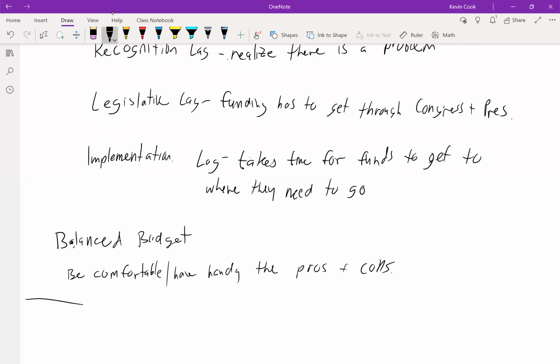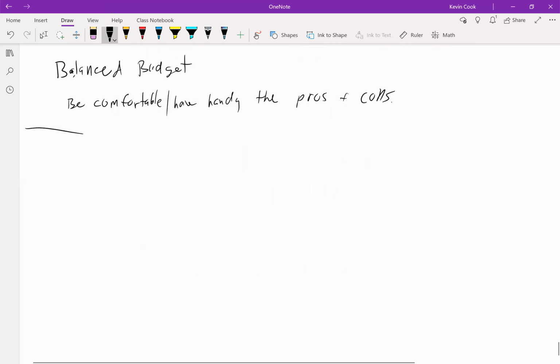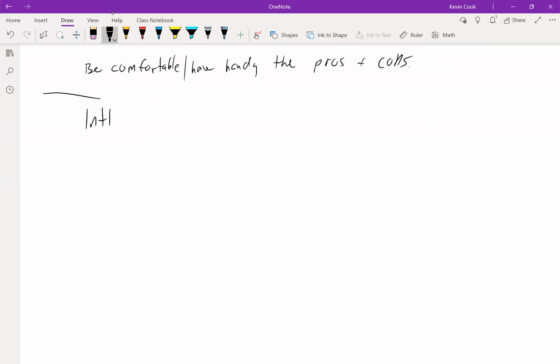So the last little bit we looked at was international trade. And with international trade, in a little way, we went back to the beginning. So with international trade, we first looked at comparative and absolute advantage.